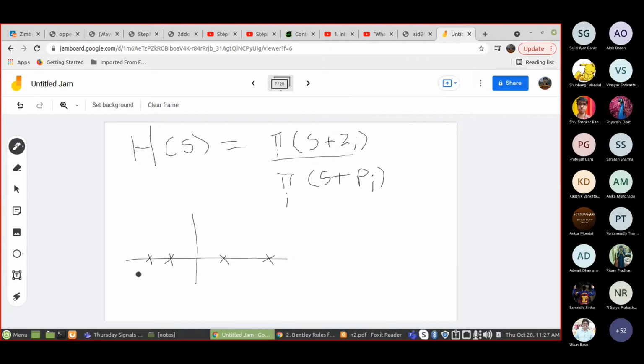I've drawn too many, but suppose P1, P2, P3, P4 are our poles. For example, if x of t is causal, so all these exponentials are right-sided, then you will get strips like this for the individual integrals to converge.